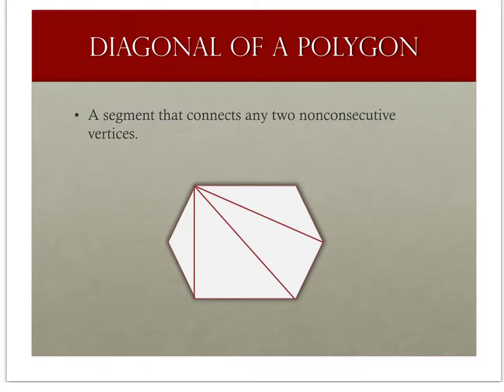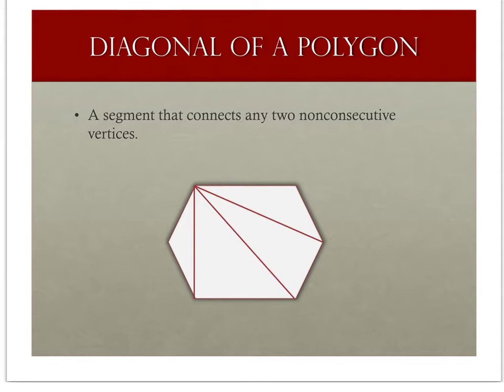So we begin the lesson by talking about a diagonal of a polygon. A diagonal of a polygon is a segment that connects any two non-consecutive vertices. If we look here in our drawing, I can't draw a segment here because those are consecutive vertices, but I can draw 1, 2, 3 from that particular point.